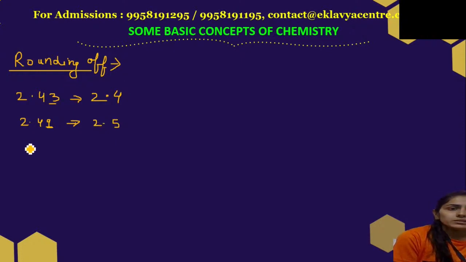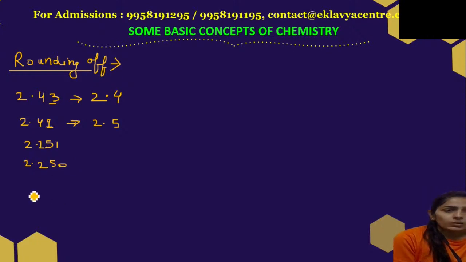But suppose in the exam you get something like 2.251 or 2.250, or in the exam you get 2.351 or 2.350.